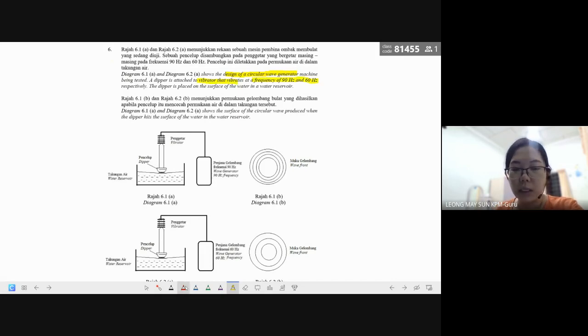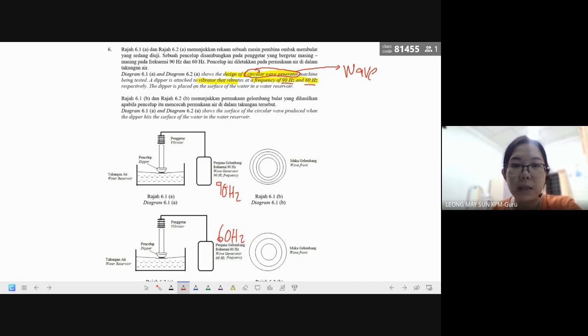Now, one keyword for you guys: this is a circular wave generator. There's only one chapter that talks about circular wave generator, and that is the wave chapter. The dipper is vibrating at 90 hertz and 60 hertz, respectively. So the first diagram is vibrating at 90 hertz, the second diagram at 60 hertz.